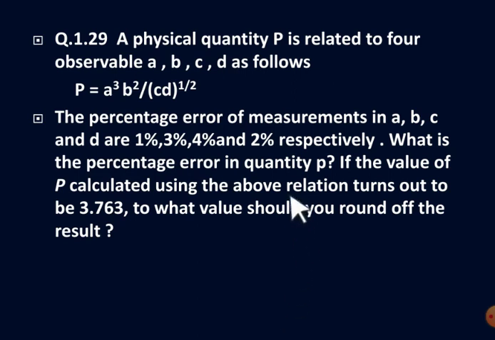A physical quantity P is related to 4 observable quantities A, B, C and D as follows: P is equal to A cube into B square divided by square root of C into D. The percentage errors in the measurements of A, B, C and D are 1%, 3%, 4% and 2% respectively. What is the percentage error in the quantity P? Try to find it only up to here. Don't try to find the remaining things.